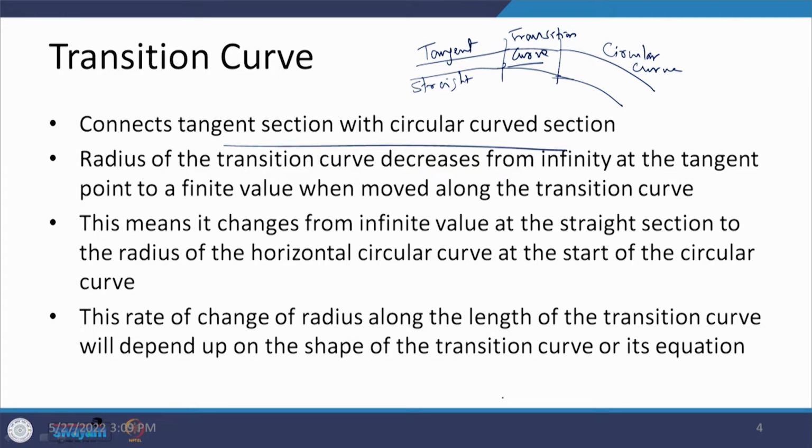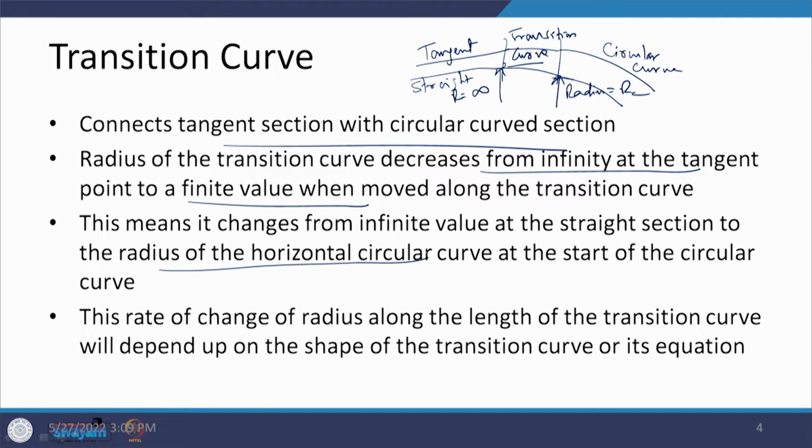Now, let us look at how the radius of the transition curve changes. At the tangent, the radius of the transition curve is an infinite value, whereas on the circular curve the radius is a finite value Rc. So there is a change in the radius of the transition curve from infinite at the tangent point to a finite value as you move along the curve, and when you come to the circular curve it is the radius of the horizontal curve.